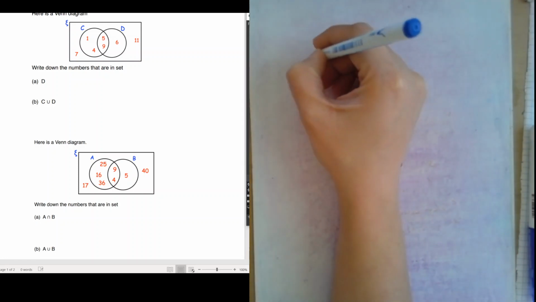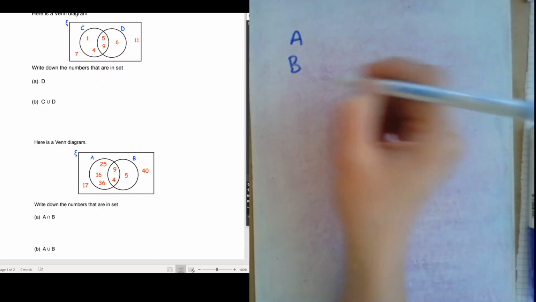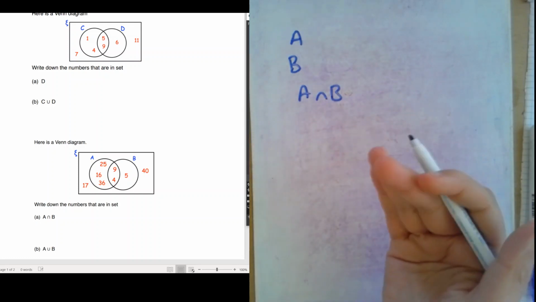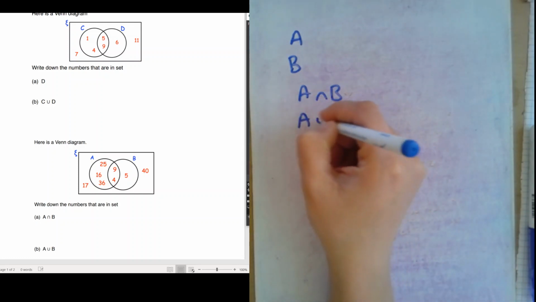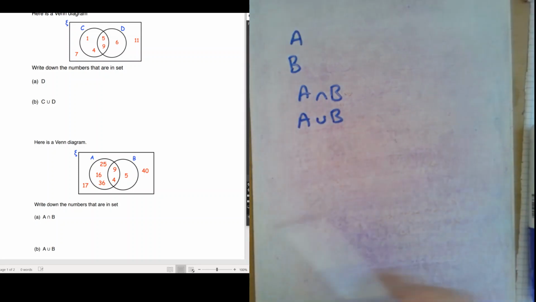So you should remember from the notation that we had that if I have set A and I have set B, then this would be my intersection, saying I've got both, and this would be my union, saying it could be either or.